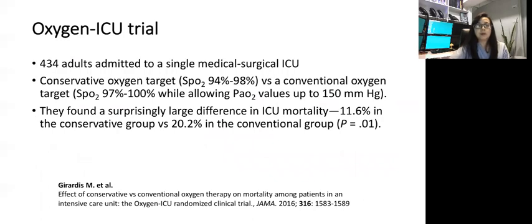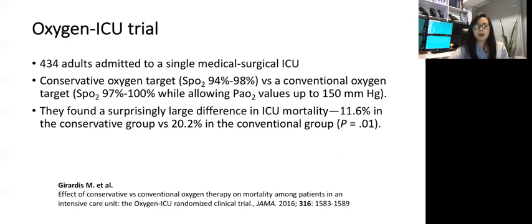Girardis randomized 434 adults admitted to a single medical-surgical ICU to a conservative oxygen target, meaning between 94 to 98%, versus the conventional oxygen target of 97 to 100%, while allowing PaO2 values up to 150 millimeters of mercury.